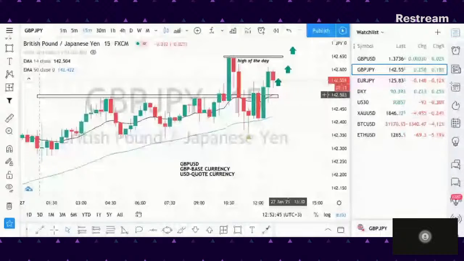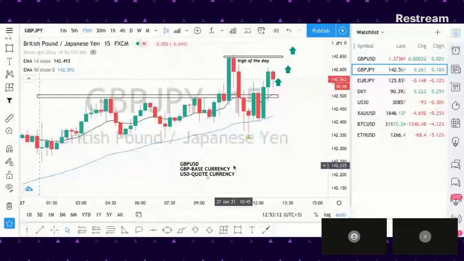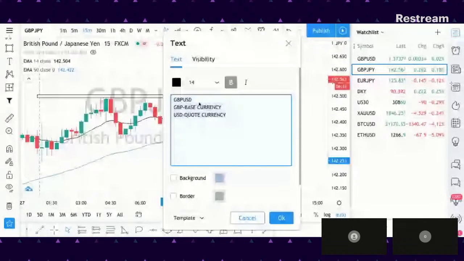So, sorry, this is not USD. Our trade is for the yen.